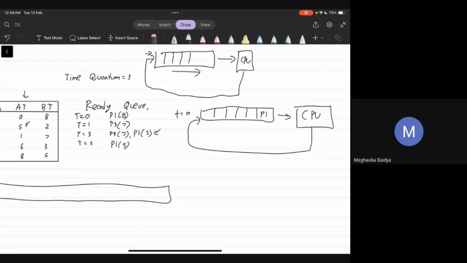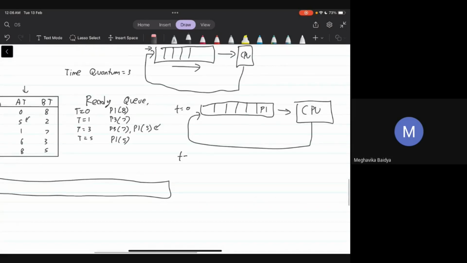So at t equals 0, the queue is empty. P1 is free to walk into the CPU. At t equals 1, you see that P1 went to the CPU, inside the CPU, and the queue is again empty. So P3 came and it's waiting for P1 to come out from the CPU.